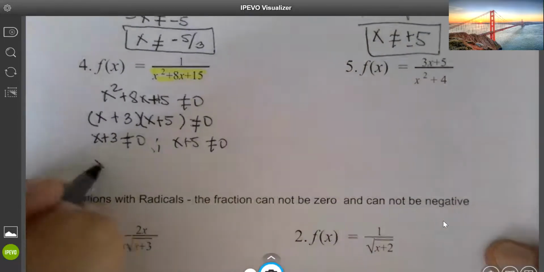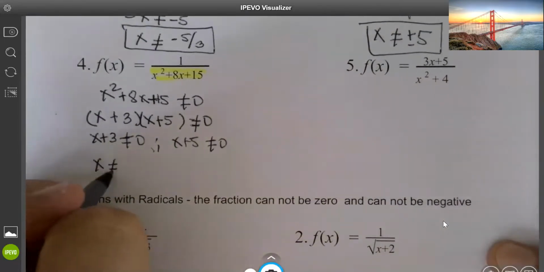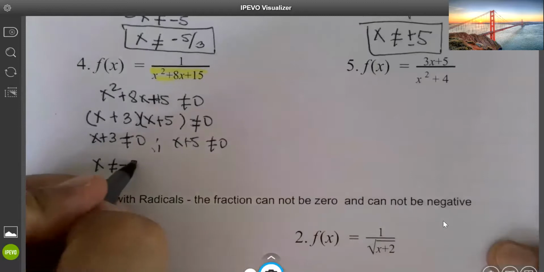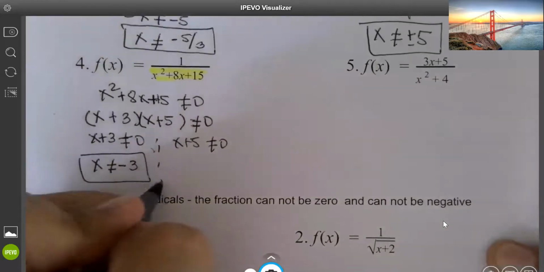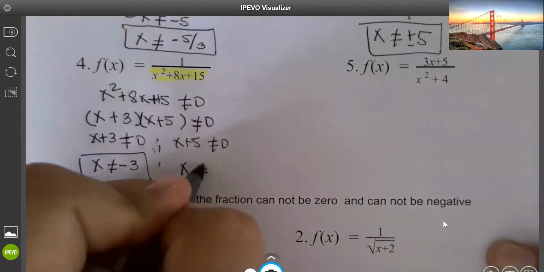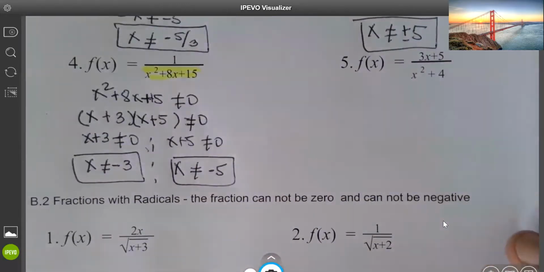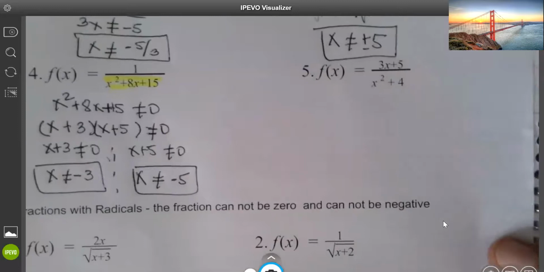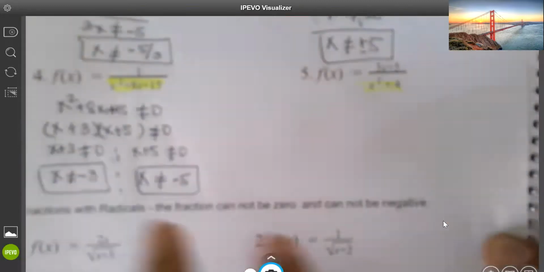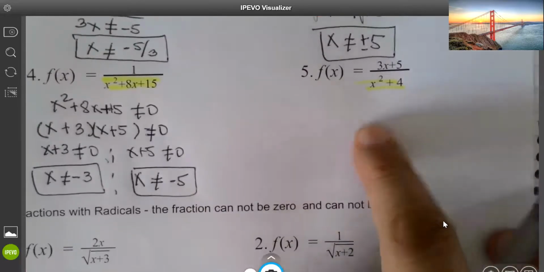So this one is x cannot be equal to negative 3, and this one, x cannot be equal to negative. Okay? For number 5, the denominator is x squared plus 4.